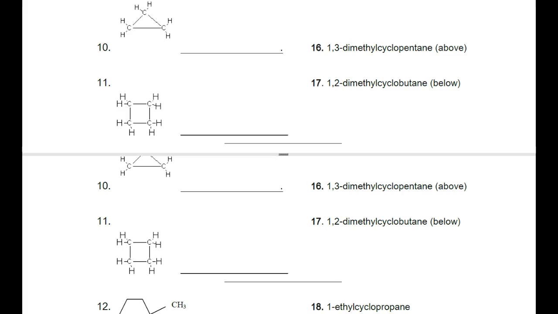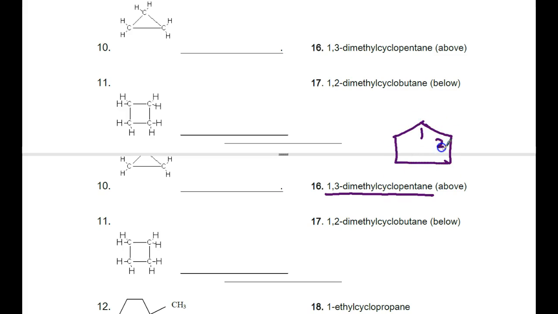Let's look at this next one. 1,2-dimethylcyclobutane. So we got a square, cyclobutane. I think I'll call this one 1, 2, 3, 4. So there's a methyl group, and there's a methyl group. This next one, 1,3-dimethylcyclopentane. We'll draw our little housey pentagon.